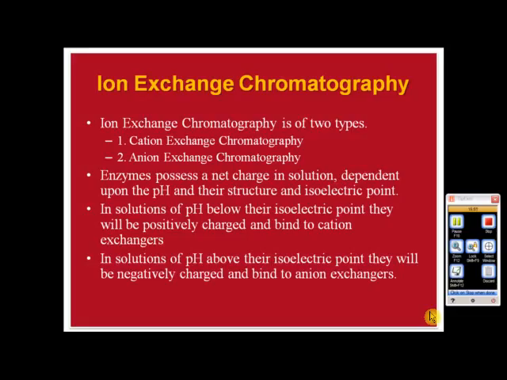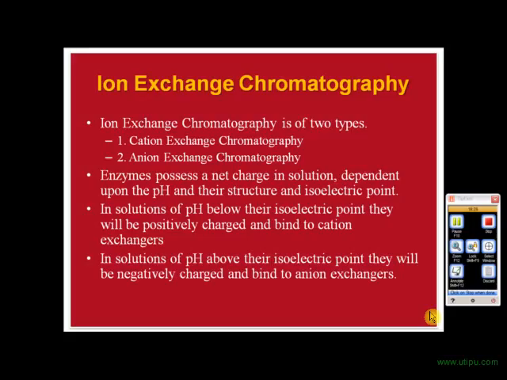Now the process is over, and we want to elute these proteins. For this we will use a buffer containing more number of positive charges. Simply, we call it high ionic strength.